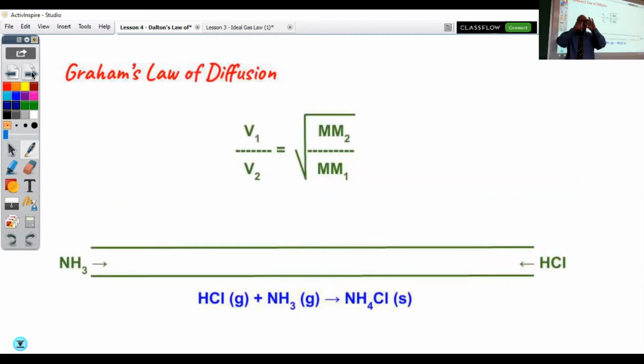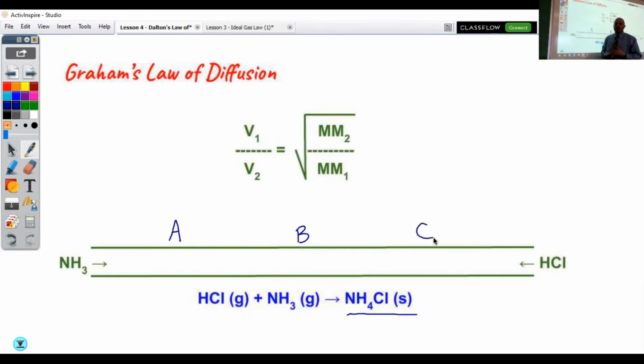Imagine almost like a clear plastic tube. Well, it turns out that these two gases, when they come together, will produce this solid. And the solid appears to be a white cloud when the two gases interact. So my question to you is, will that white cloud form right in the center of the tube? Will it form closer to the left side, or will it form closer to the right side?